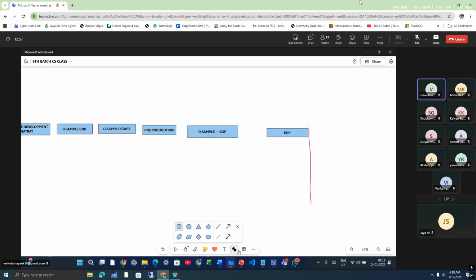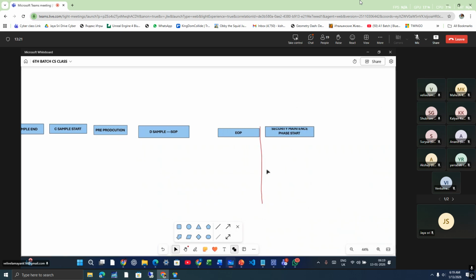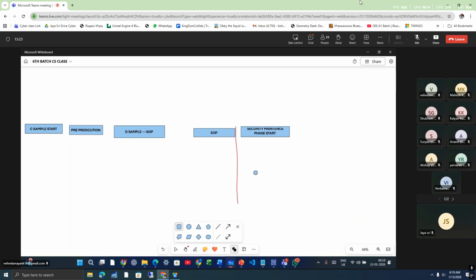It will start the security maintenance. This is the phase where the security maintenance phase will start, and it is the end period.